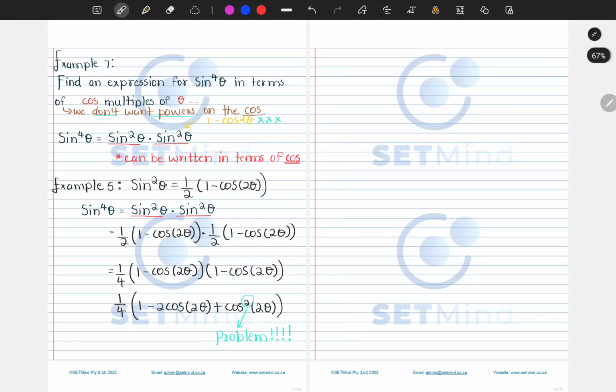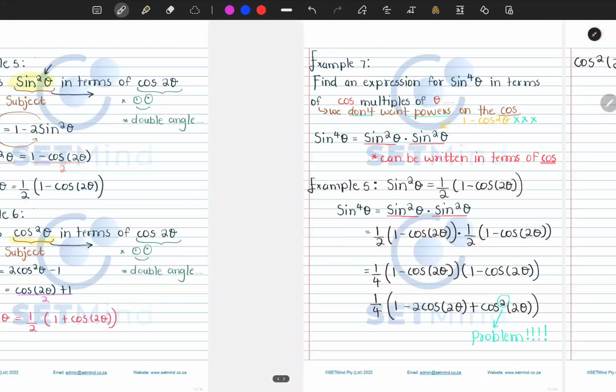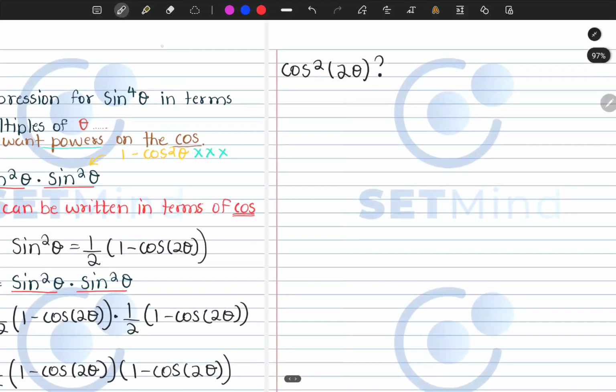Well, if you look carefully, we want to rewrite that cos squared 2 theta. How do we deal with it? When I look at example 6, it helps me in part. So let's remember what we did. I want you to remember example 6.